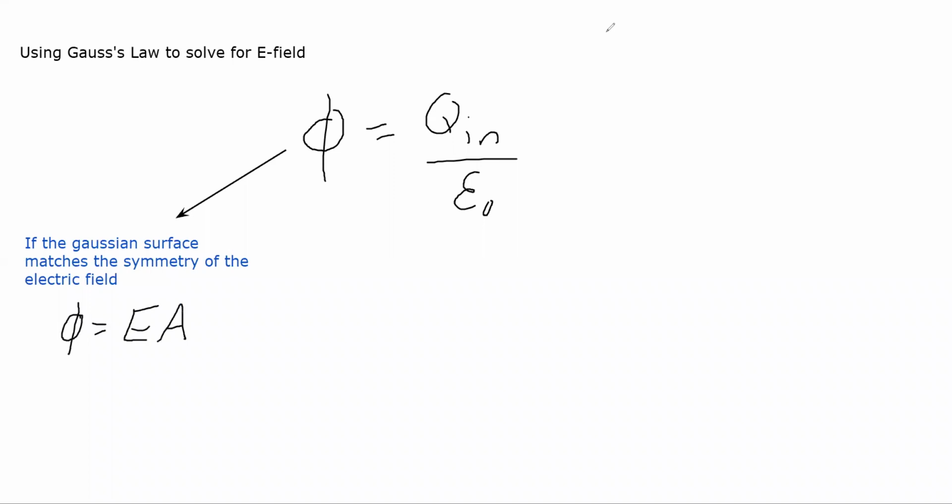So E we're not going to know, right? The whole point of this is to find E. But this A, remember, is always the area of the Gaussian surface.